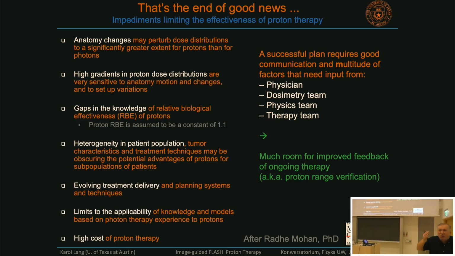So protons are great. However, there are limitations to how they can be used. And the reason is that we are not the same. If you look around, your neighbor doesn't look like you, and her organs also are different.